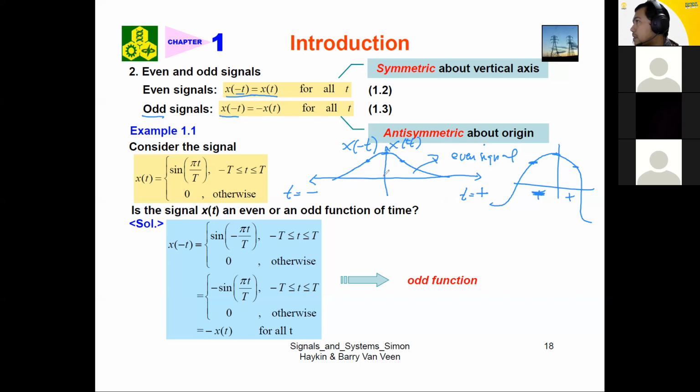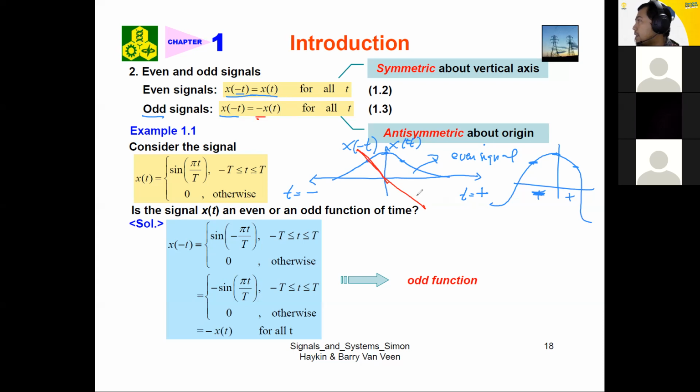For example, xt is positive, something like this, and x for positive t is negative. So it is opposite value. This is negative, this is positive.